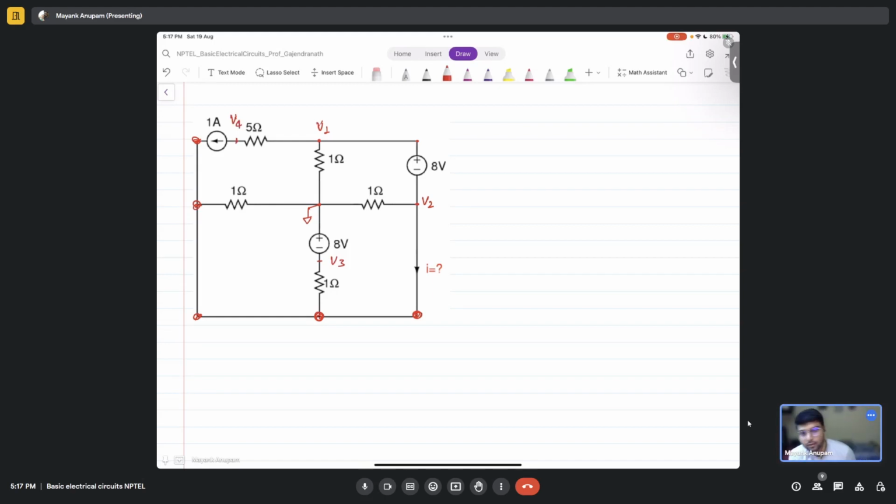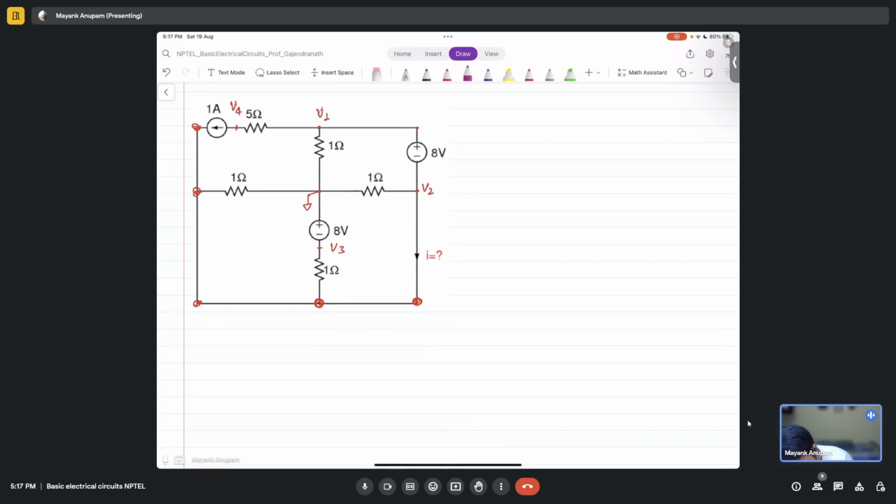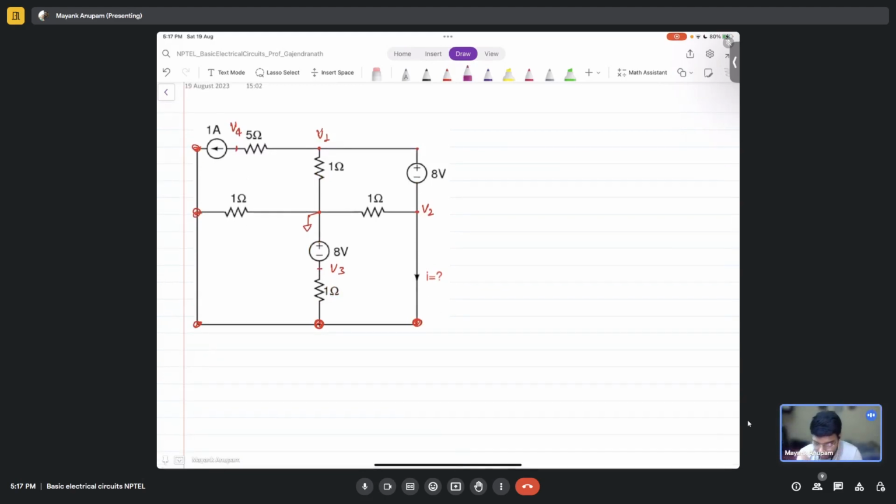Is that all right? Now what will be the size of the matrix that I will have here? 4 by 4. Yes, it will be a 4 cross 4 matrix.